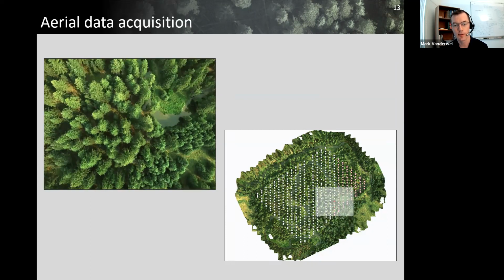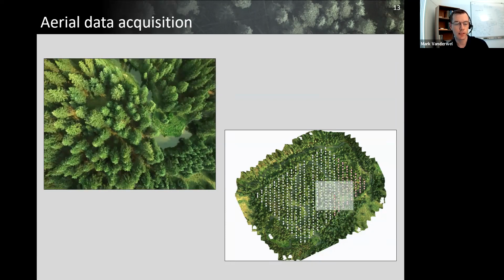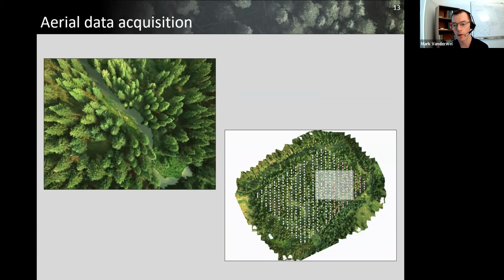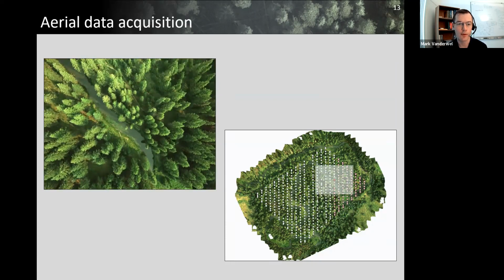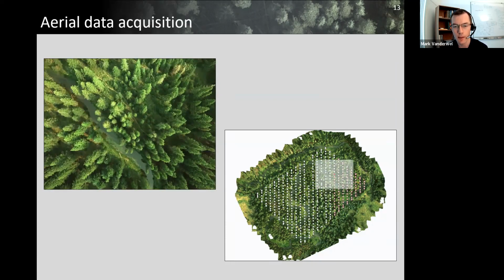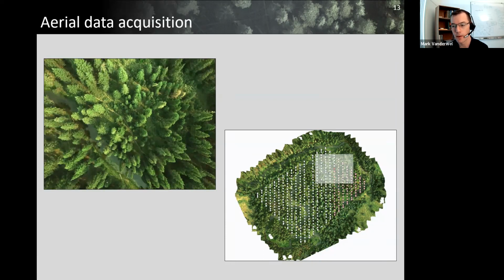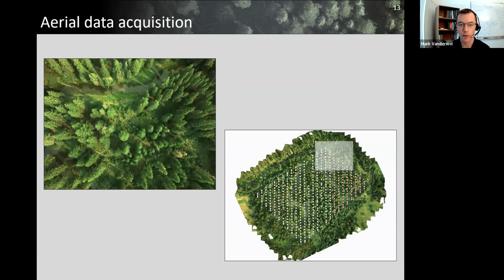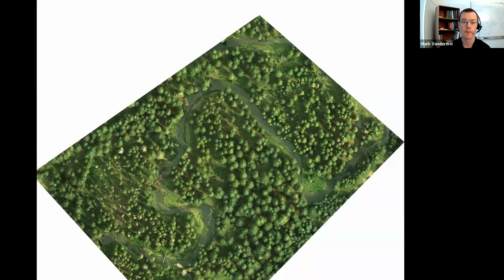And we can use the differences in the positions of this sequence of photos in order to use what's called a structure from motion algorithm to reconstruct kind of a bird's eye view of the forest canopy as seen from above. So when we do that, we get what's called an orthophotograph. For this particular site, here's what it would look like.